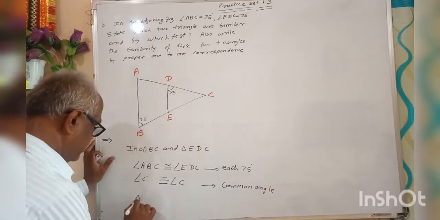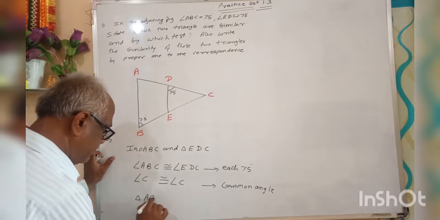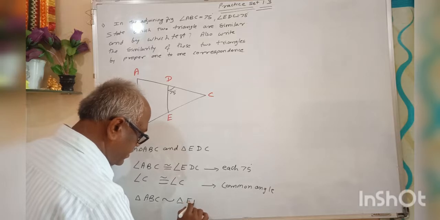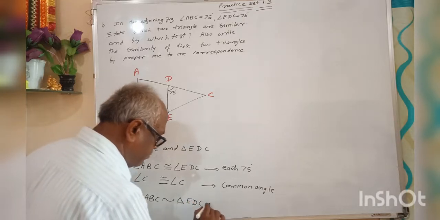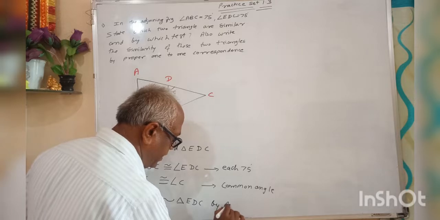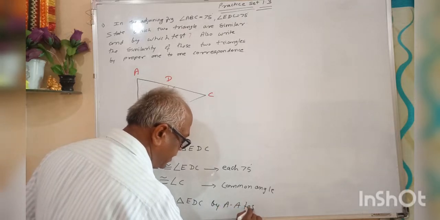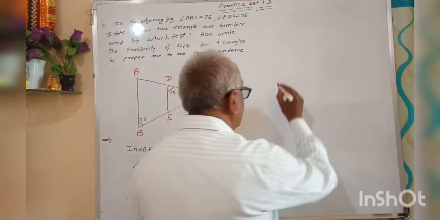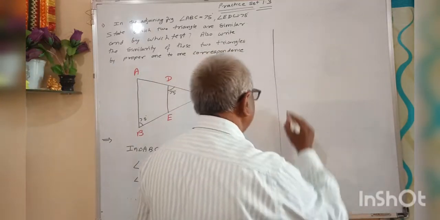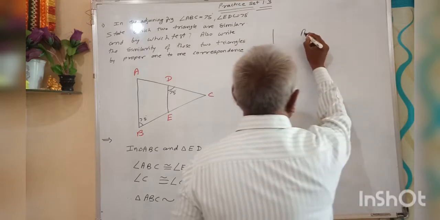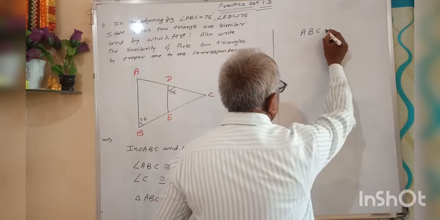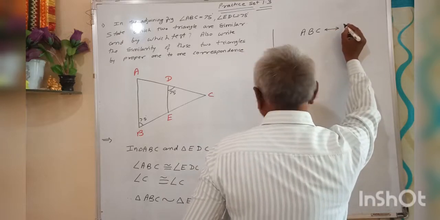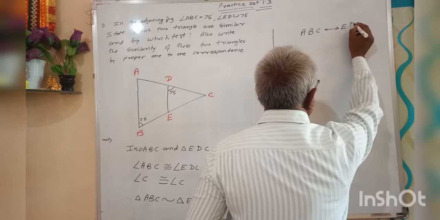Therefore, triangle ABC is similar to triangle EDC by the AA test. And we can write the one-to-one correspondence, that is, ABC corresponds to EDC.